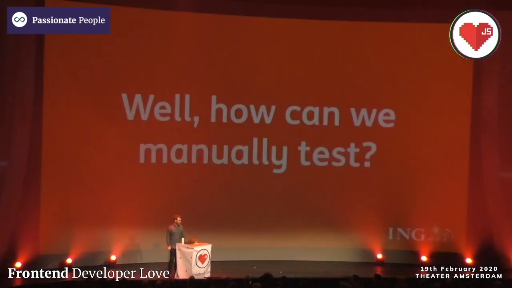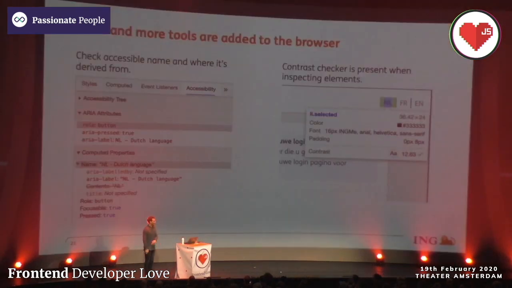So how could we do these manual tests? Luckily, again, in the browsers, there are many, many more tools coming every day. One very nice tool is the accessibility tab. When you go to the Elements tab of your DevTools and look for accessibility, you can actually see how the accessible name is derived from all of the attributes and contents of the DOM element.